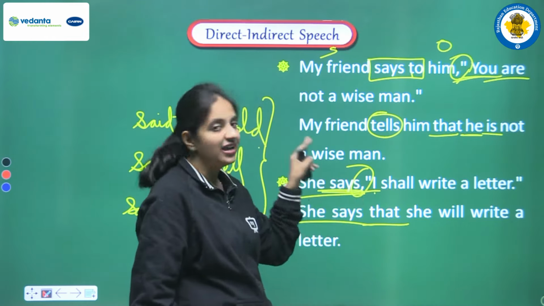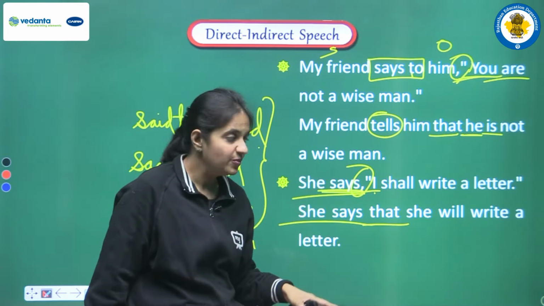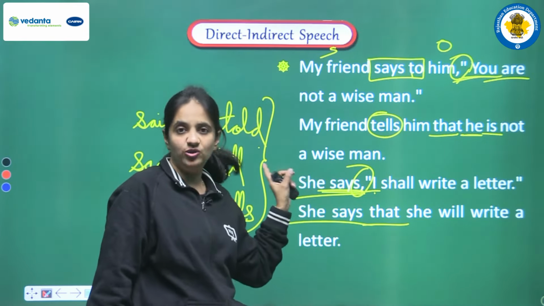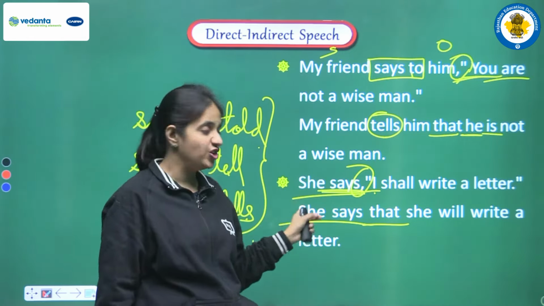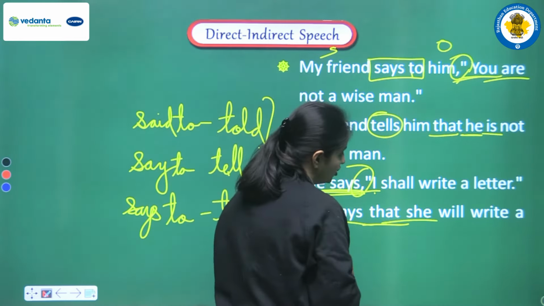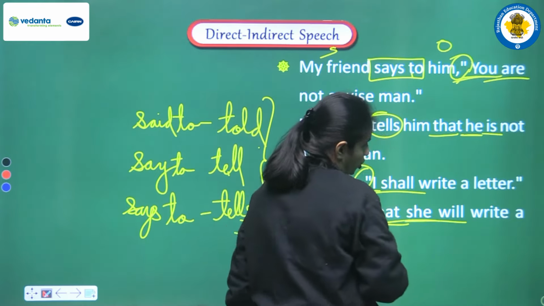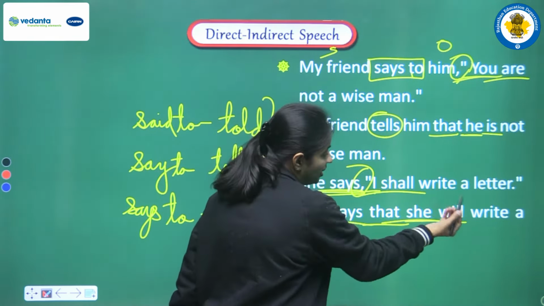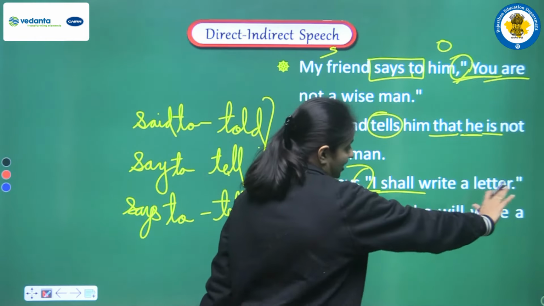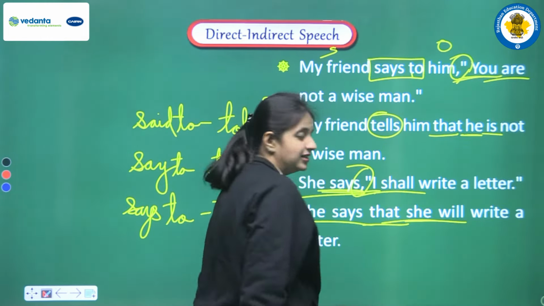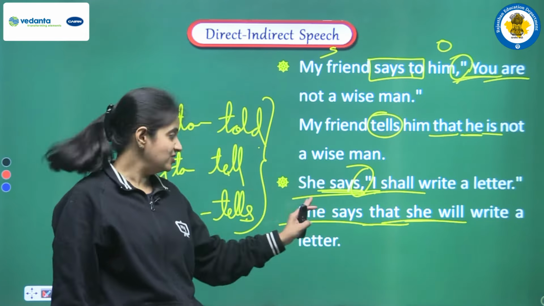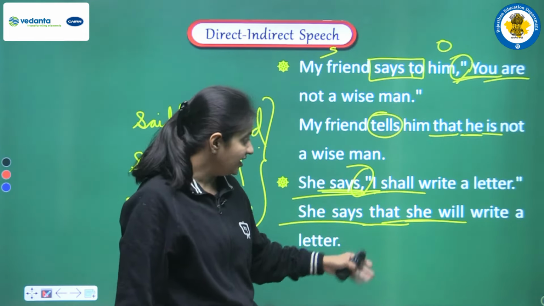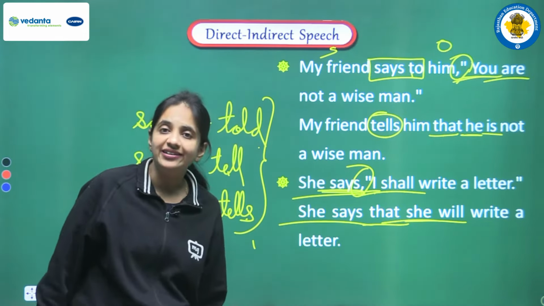We are having I, a first person pronoun that will be changed according to the subject. Subject we are having she. So for I we are writing she. Shall will be converted into will. Tense is same, but we are just writing the correct form that will suit with she. And again we are writing the same sentence, write a letter. So the complete sentence will be, she says that she will write a letter.